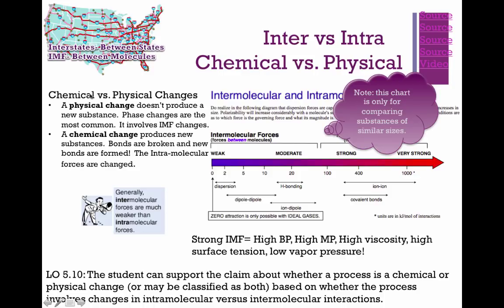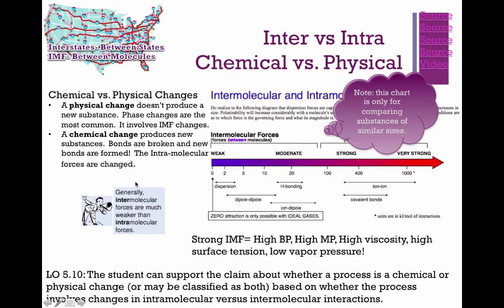Okay, so then physical change, chemical change, right? Different phase changes. The biggest thing with physical change is it involves intermolecular forces being broken. Boiling, you break IMFs. Chemical change, you're breaking covalent bonds or ionic bonds.